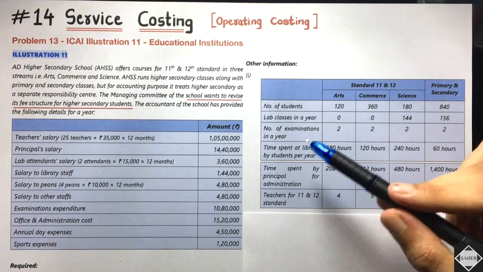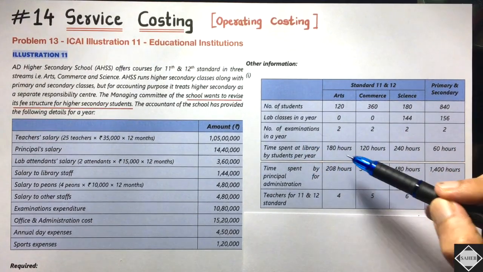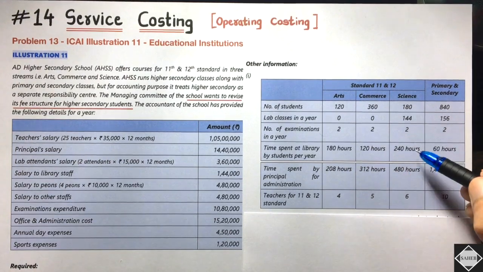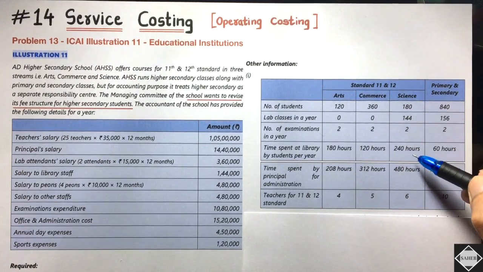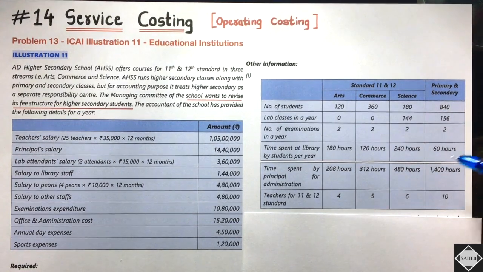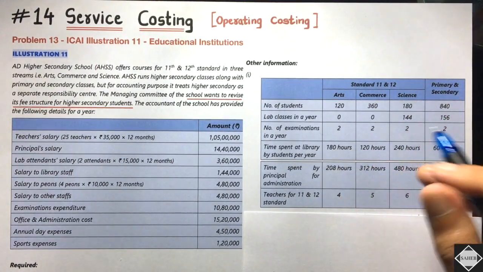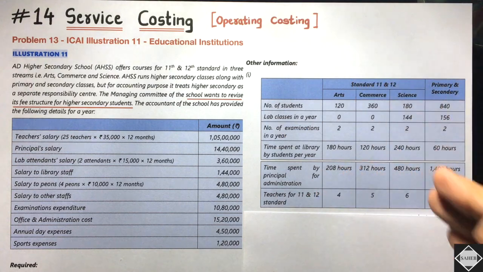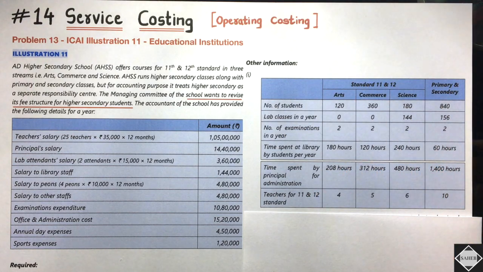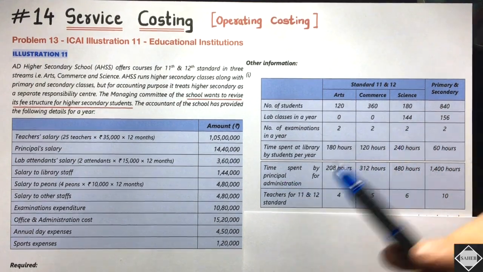Time spent at library by students per year: 180 hours, 120 hours, 240 hours in science. Of course, you all know science people study a lot. And then 60 hours in primary and secondary. So all this data has been given to you. Why is this given? To do the allocation properly. You will use this as ratios to distribute everything.